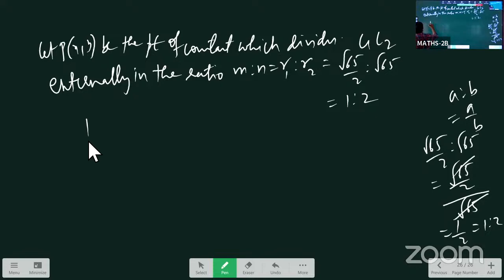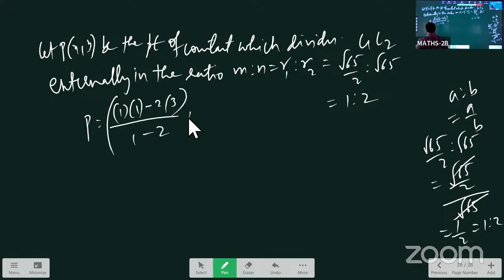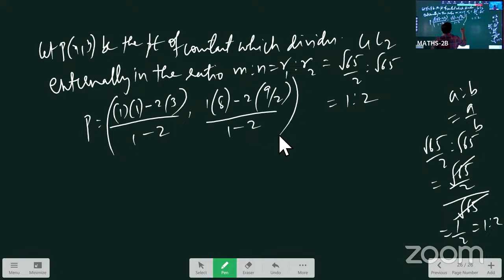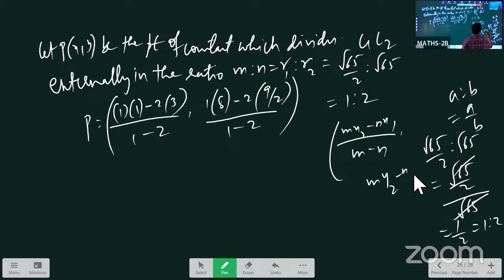Now, let the point P, external section formula, okay? That is (1 into 1 minus 2 into 3) by (1 minus 2), comma, (1 into 8 minus 2 into 9) by (1 minus 2). Okay, I'm writing the formula here: (m x2 minus n x1) by (m minus n), comma, (m y2 minus n y1) by (m minus n).